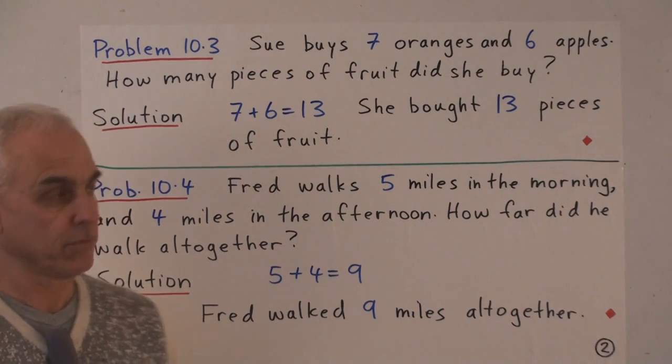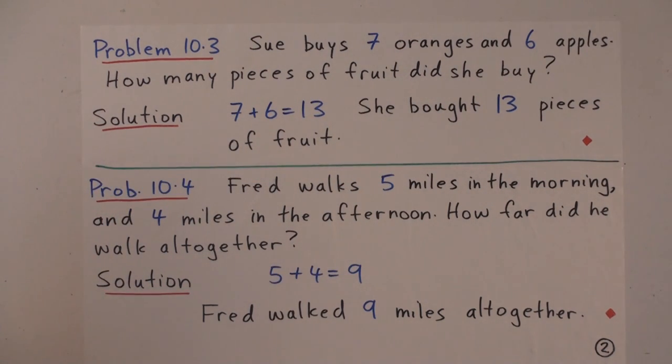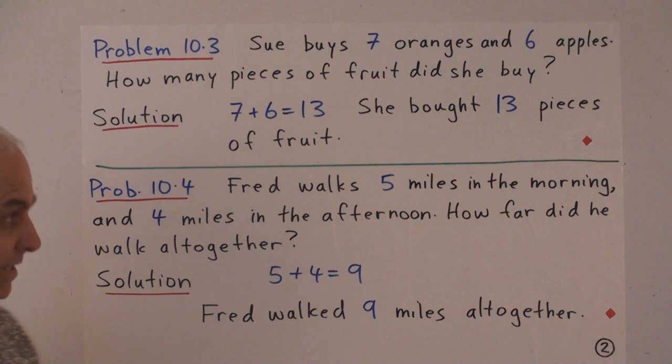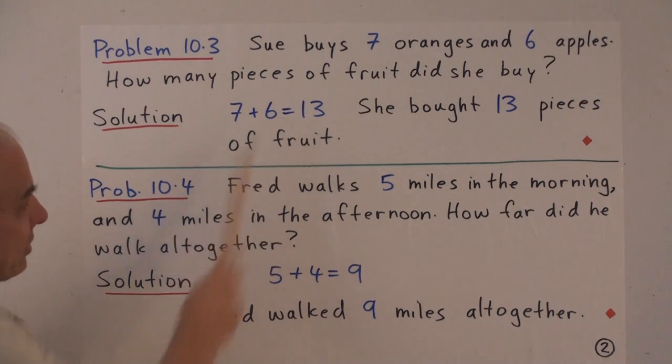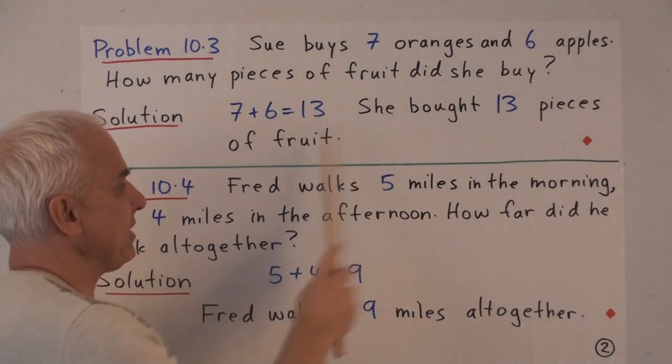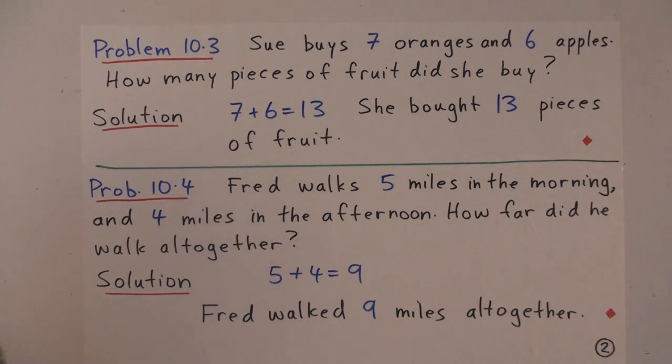They're both fruit. So we still must calculate 7 plus 6, and hopefully we know that that's 13. But now we're talking about pieces of fruit rather than only oranges or only apples. So we might write down that she bought 13 pieces of fruit. That would be an answer.